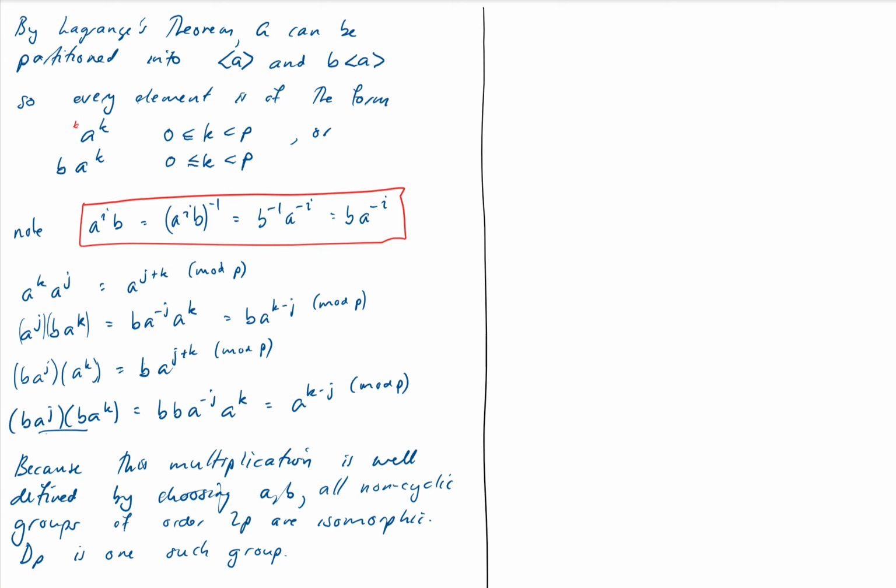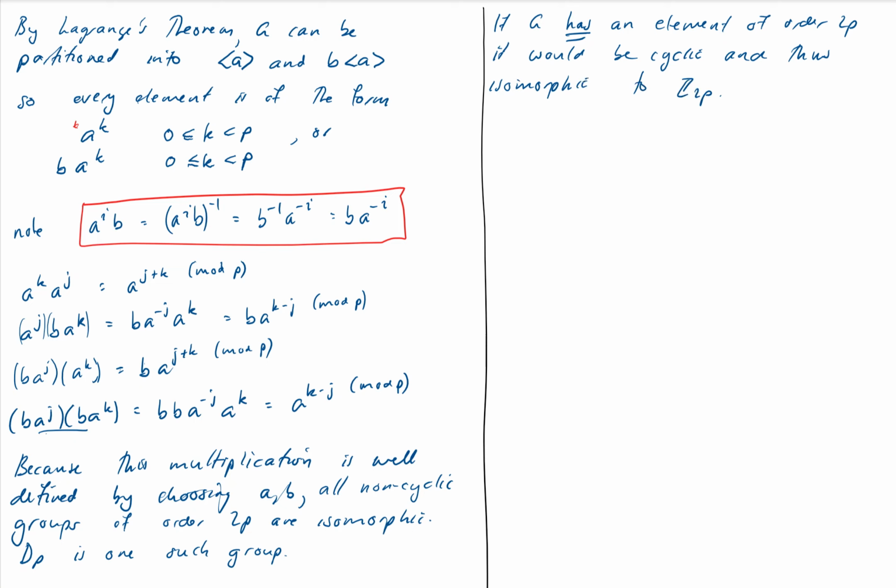Now, going right back to the start of our proof, we initially assumed that we did not have an element of order 2p. If G has one of these, of order 2p, it would be cyclic, and thus isomorphic to Z2p.